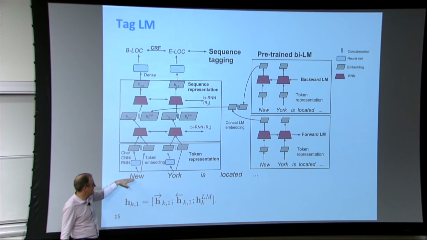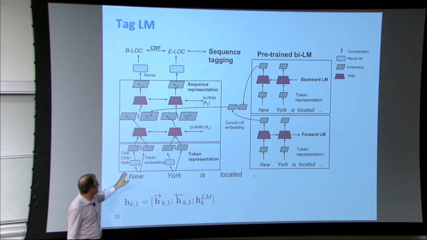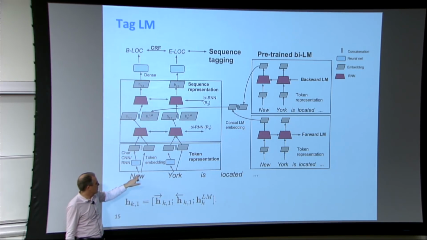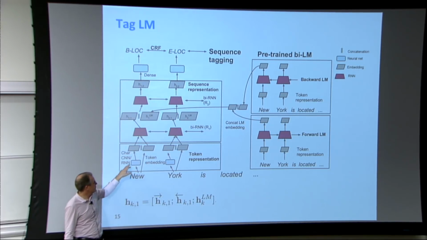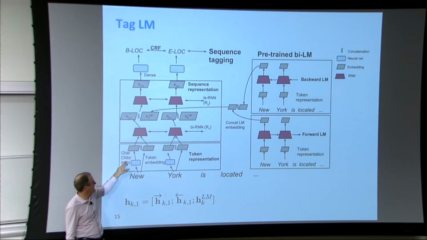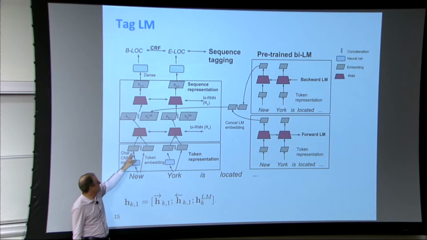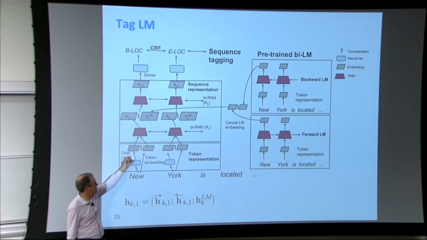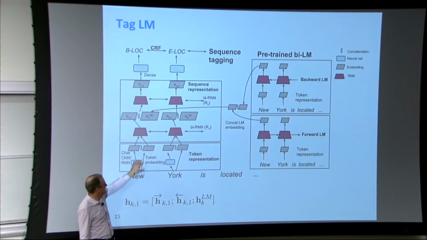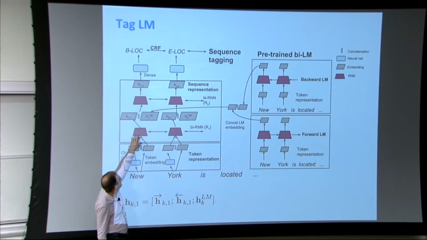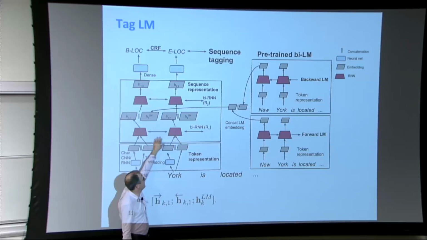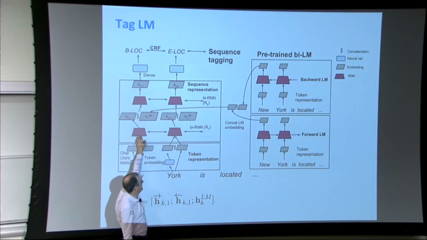Then for the named entity recognizer itself that we're going to train supervised, we have the same sentence, so we can look up a word2vec style token embedding for it. We can use what we learned about with character level CNNs and RNNs, and build a character level representation for it, which we also concatenate to have two representations. We feed these representations into a biLSTM layer.